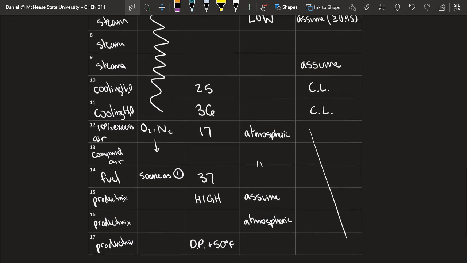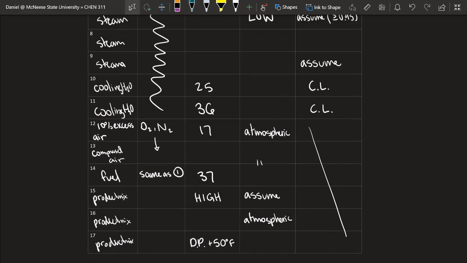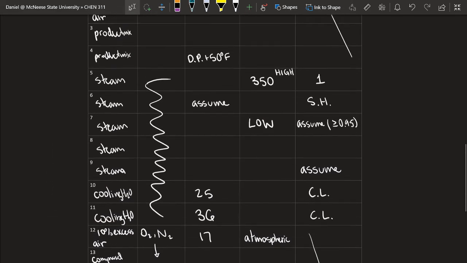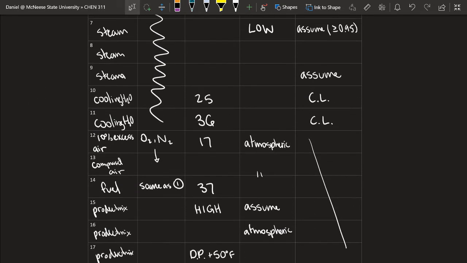You're going to need to assume a pressure ratio for that Brayton cycle, and it needs to be high. If I'm at atmospheric, I think a pressure ratio of 10 is good. You could have it be 20 if you wanted to, however low or high, as long as it's within reason.